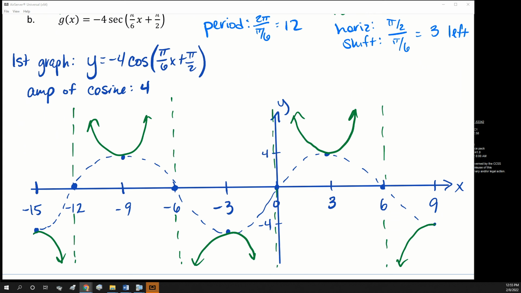And that's 2 periods of secant. Right. What questions do you guys have?